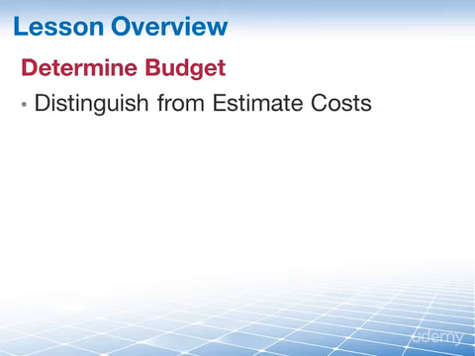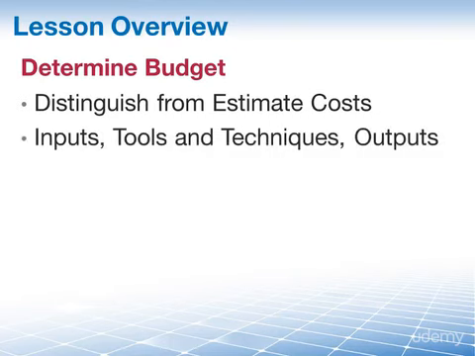So in this lesson, we will first distinguish determine budget from estimate costs. We will, of course, cover the different inputs, tools, techniques, and outputs of the process. We introduce new terms and explain other familiar ones within the context of determine budget.